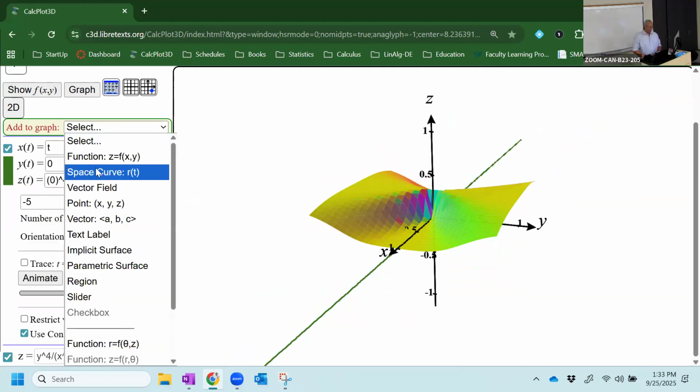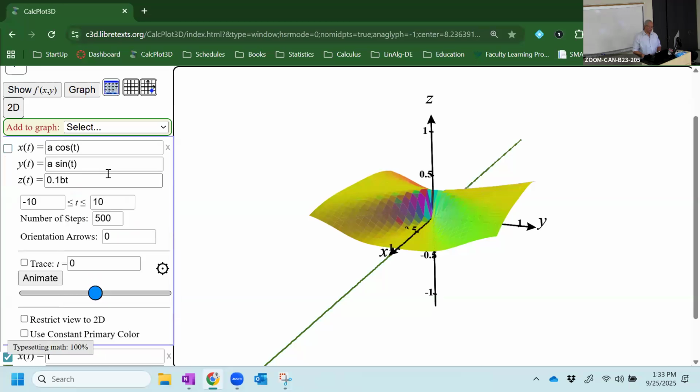Then I'll draw another space curve to depict what's happening when I go along the y-axis. That's when x is equal to 0 and y is going to be the variable, which I'll call t because I want to write it as a parametric equation.